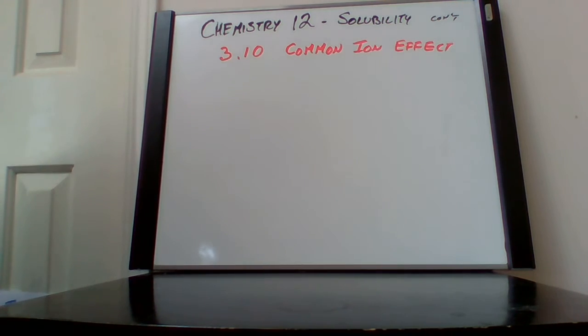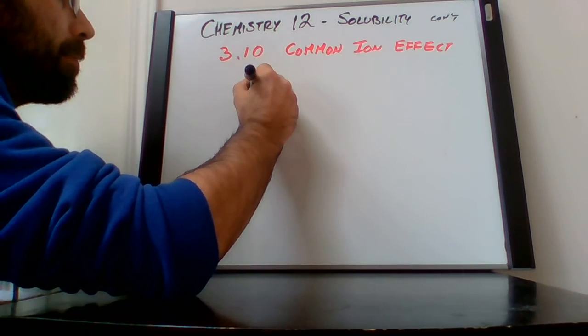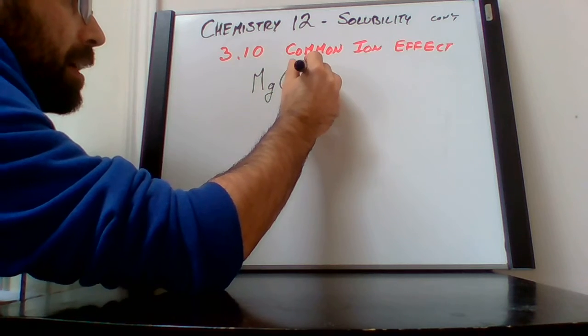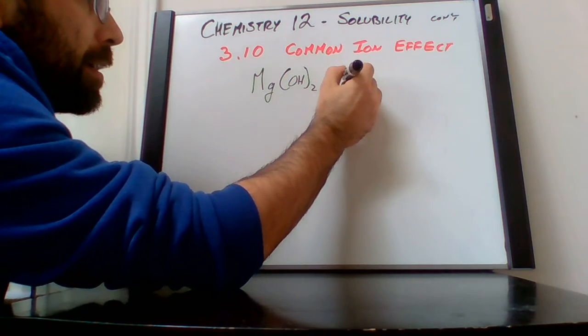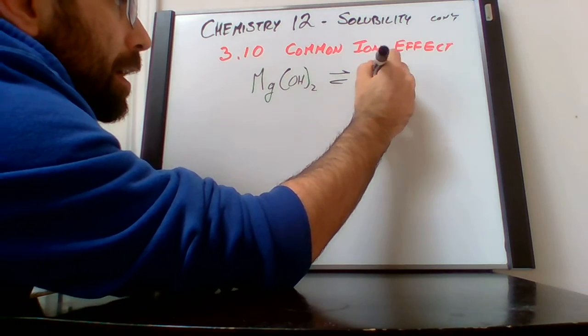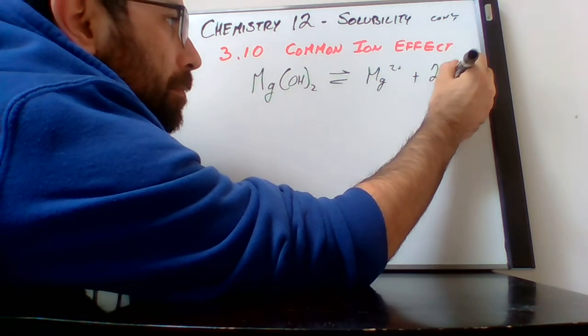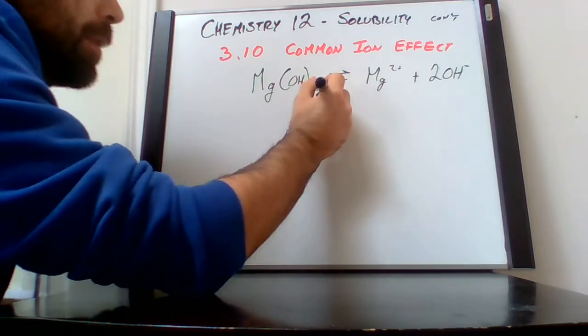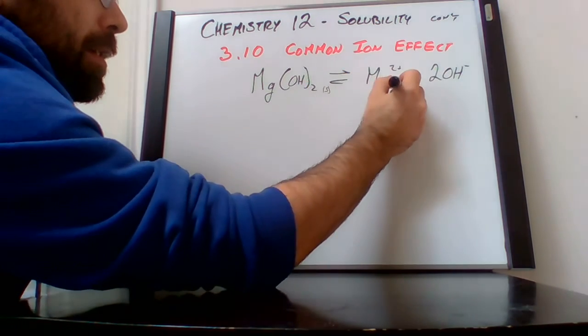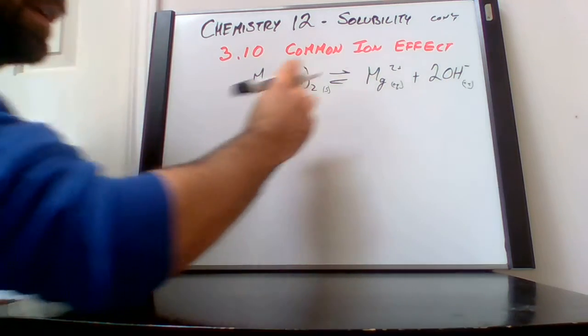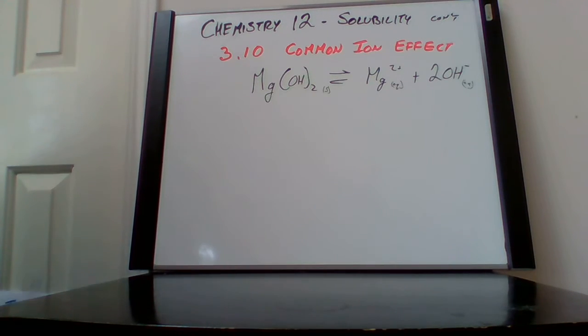The example we have is magnesium hydroxide in equilibrium, so we've got that solid in equilibrium with both of those aqueous ions.